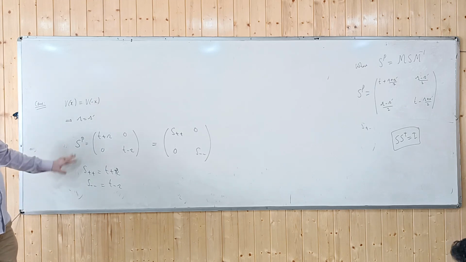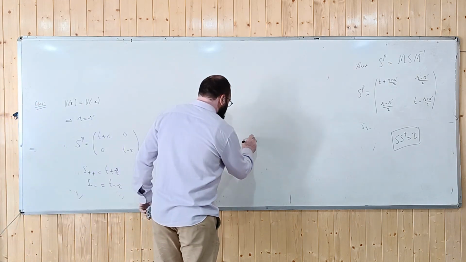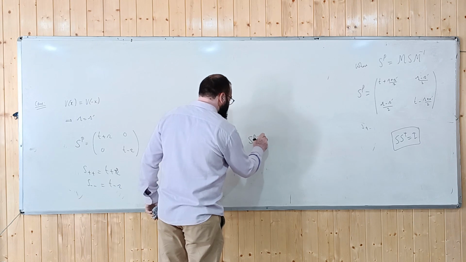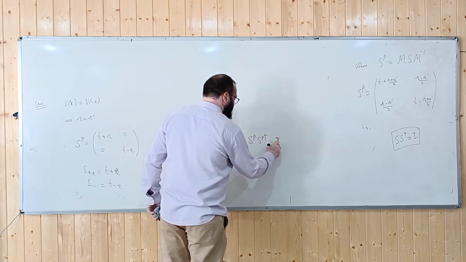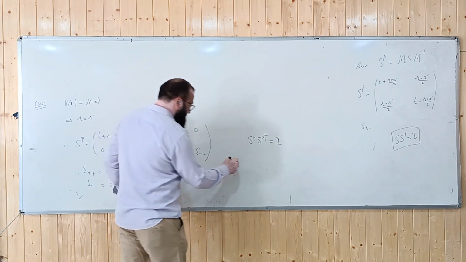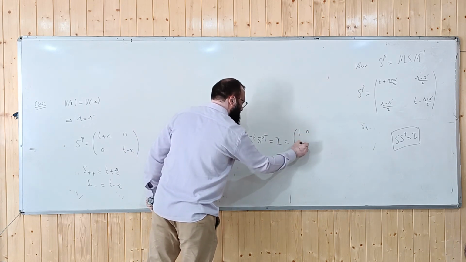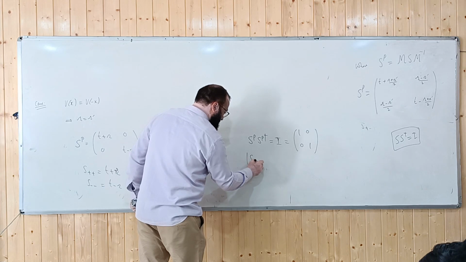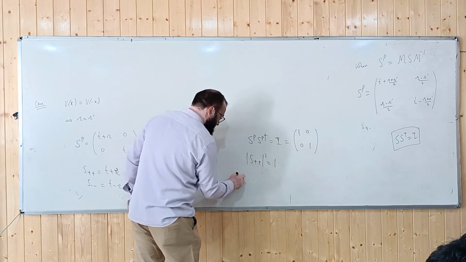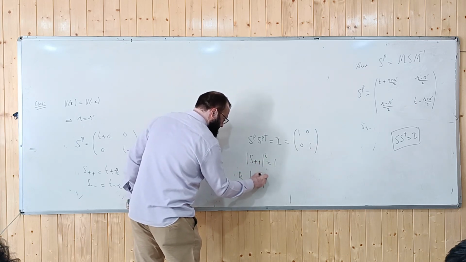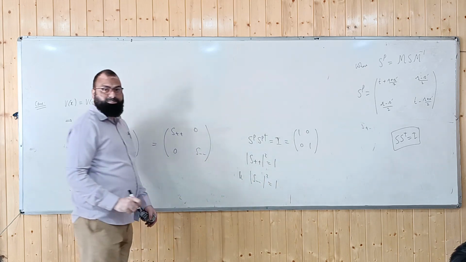Got it? Since it is unitary, you are having S S dagger equal to identity. What does that mean? It is equal to 1 0 0 1. So it means mod of S plus plus equals 1 and mod of S minus minus equals 1.